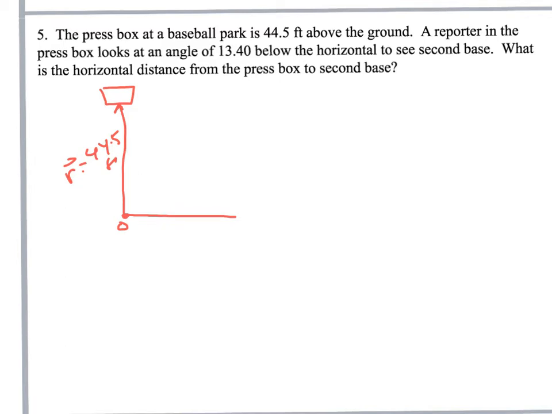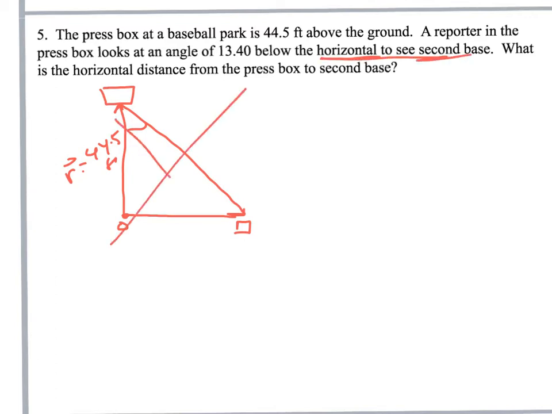And then the reporter is looking at an angle below the horizontal to see second base. So if we did that and said second base is right over here, we would have our angle right there. But that's not the correct drawing because it's below the horizontal to see second base.